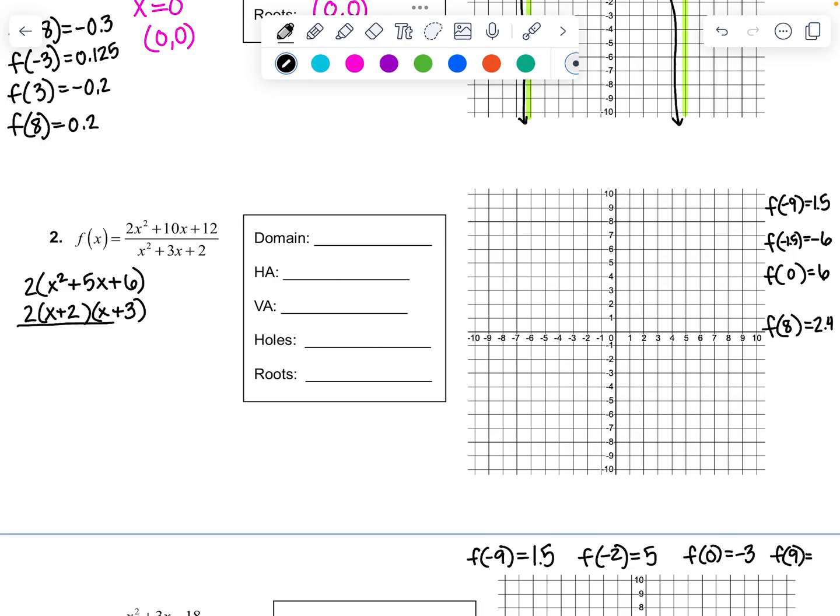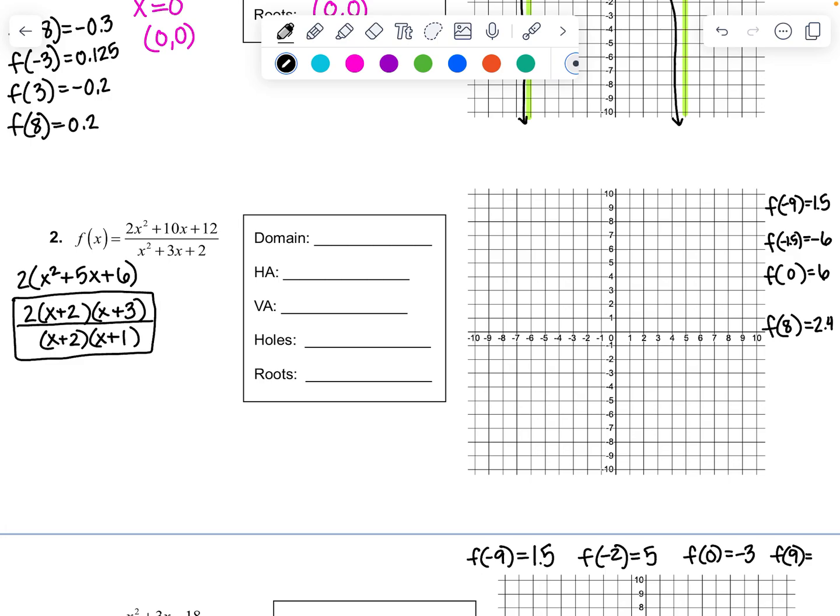And my denominator, we can factor right away. Multiplies to 2, adds to 3. We have 2 times 1 and 2 plus 1. Okay. So I have the factored form of my function right here that we're going to use to figure out the rest of our information.